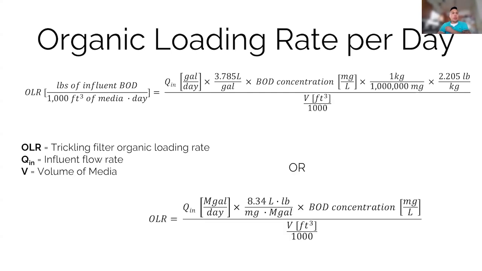And if you calculate the flow already, this can be combined. So the first one was in the metric system, and the second is with those conversion factors all combined to the imperial result.